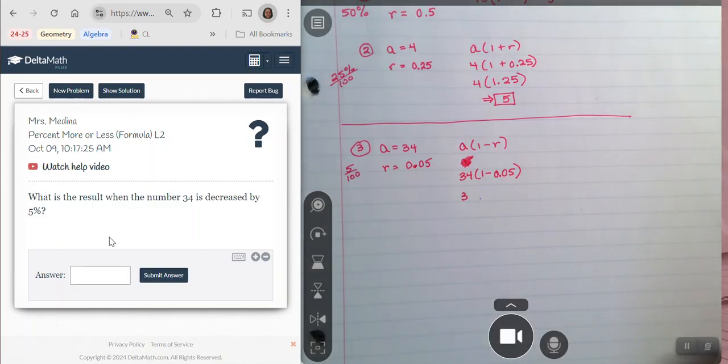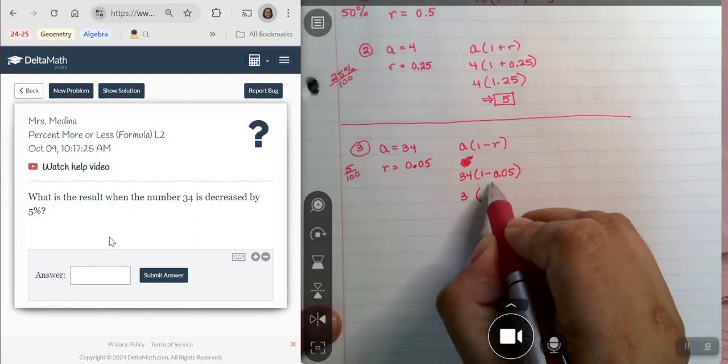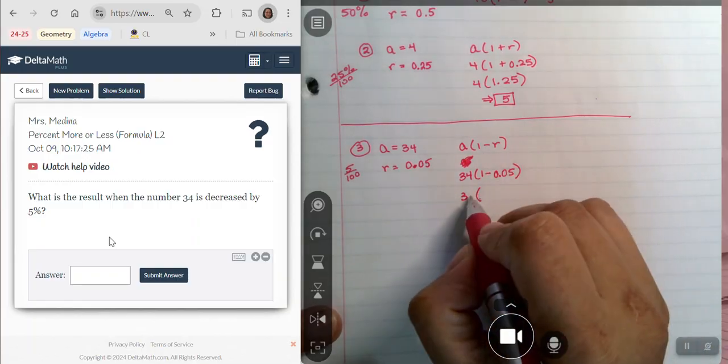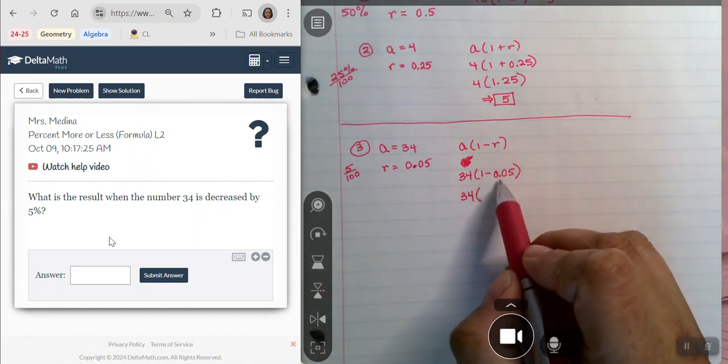Because if you have 100% and you decrease it by 5%, what percentage do you have left? Okay. Everybody, what is 1 minus 0.05?